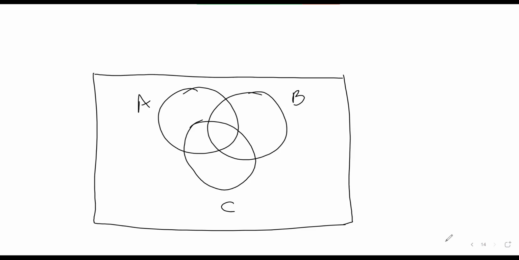So the first thing we do is to find out which ones are intersecting. A is equal to 5, 10, 15, and 20.